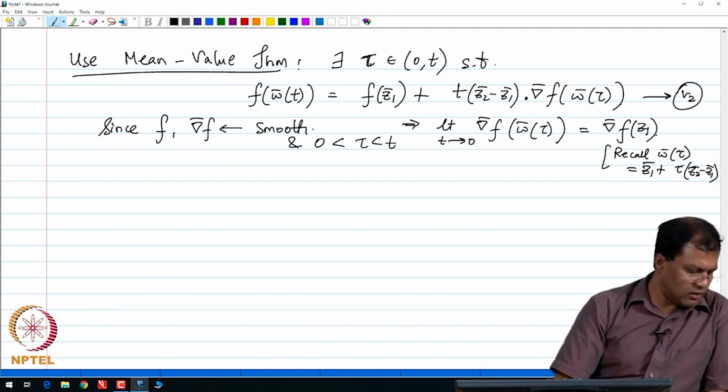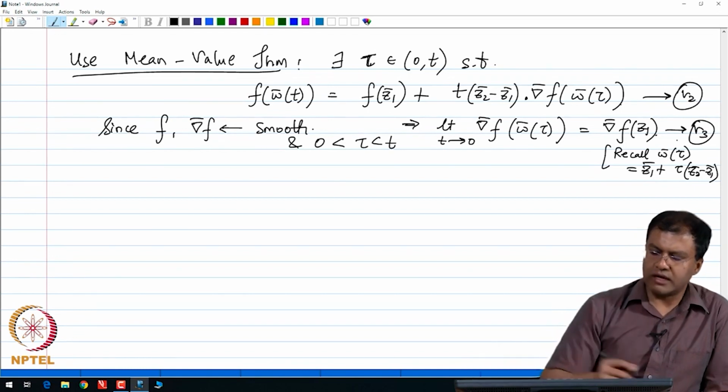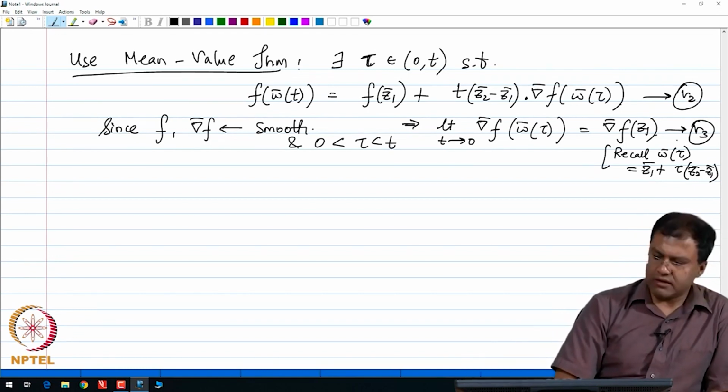So, let me call this relation R3, and I am going to use R3 in R1, the inequality.